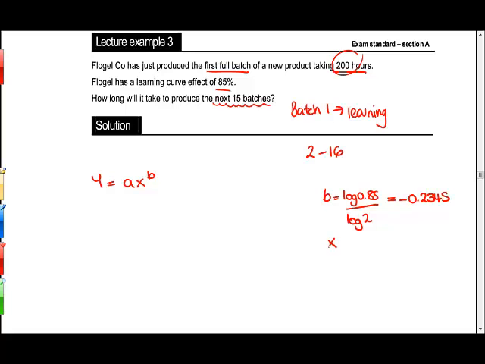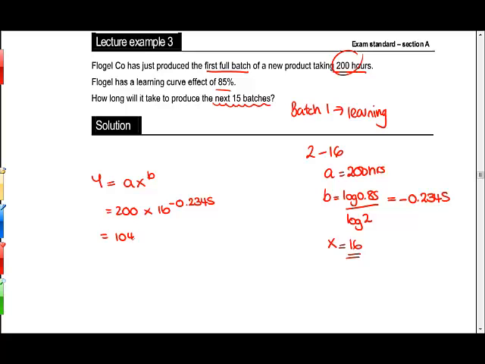The first batch took 200 hours, so a is equal to 200 hours, and the important bit here is to remember that x is going to be equal to 16. So 200 multiplied by 16 to the power minus 0.2345 will give us the cumulative average time for the 16 batches.